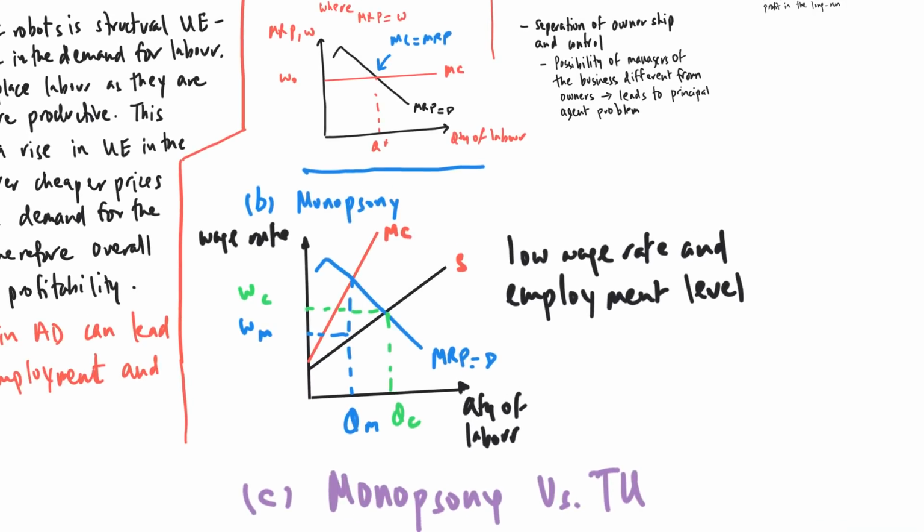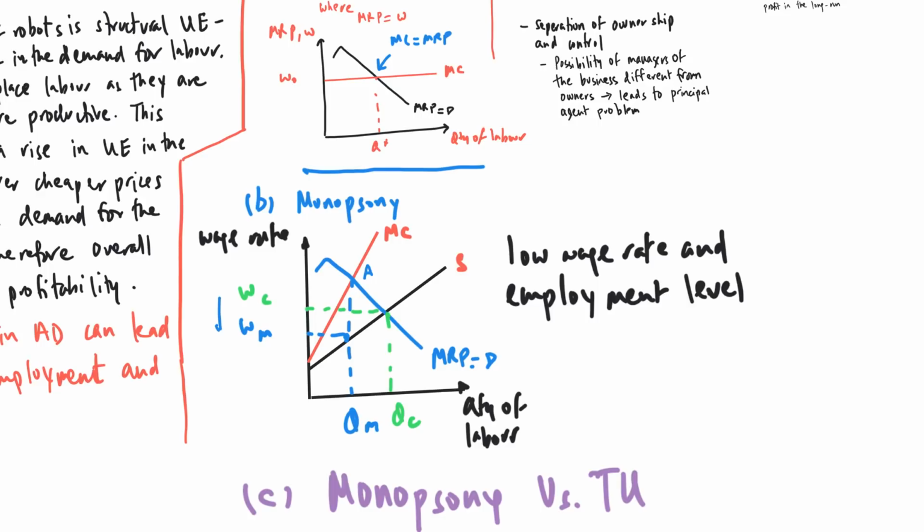Then comes monopsony. In a case of monopsony, MC is equal to MRP again, but in this case, because the supply curve is upward sloping, my marginal cost is above my supply curve, because in order to hire an extra worker, we need to increase the wage rate for every worker employed. Your MC equals MRP now happens at this point A, which would mean the wages will come from the supply curve.